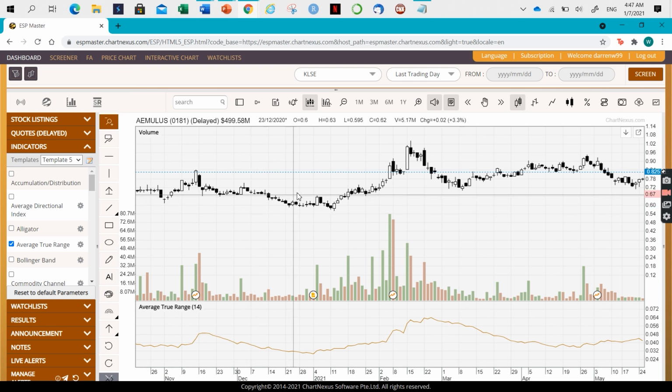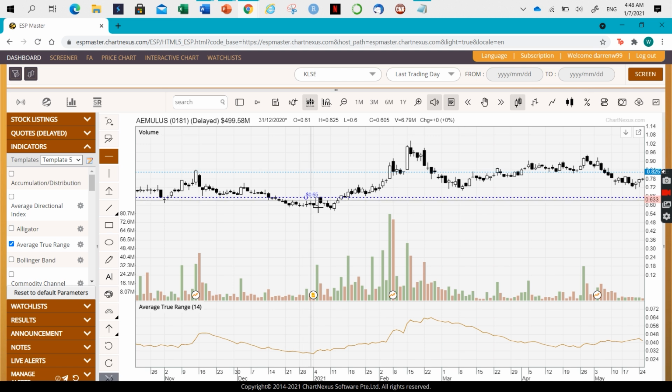So you decide to enter at the close because you want to confirm that it's going to close strongly. So you entered here at this price of 65 cents. So where are you going to set your stop loss?